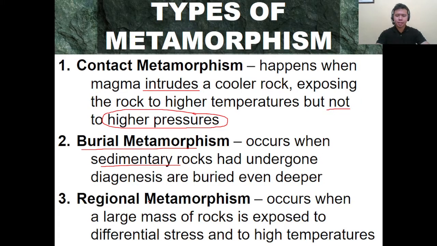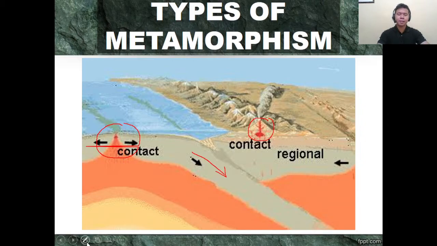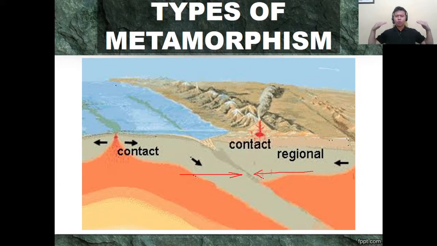Okay? Now, we also have another type of metamorphism, regional metamorphism. For regional metamorphism, it occurs when a large mass of rocks are exposed to differential stress and to high temperature. So we have the collision of different types of rocks. Let's say, for instance, we have convergent boundary. From two different rock types, they tend to collide.